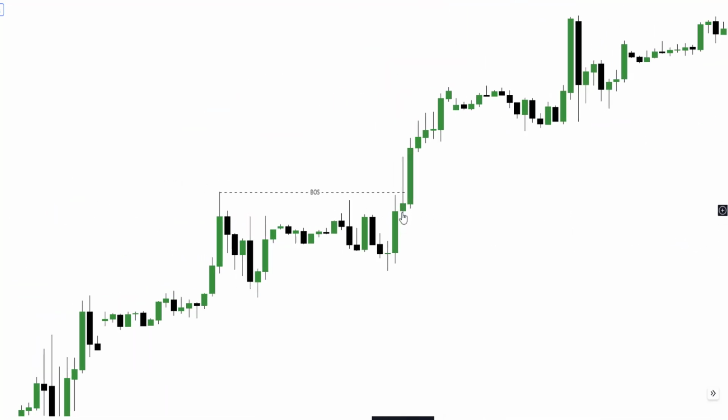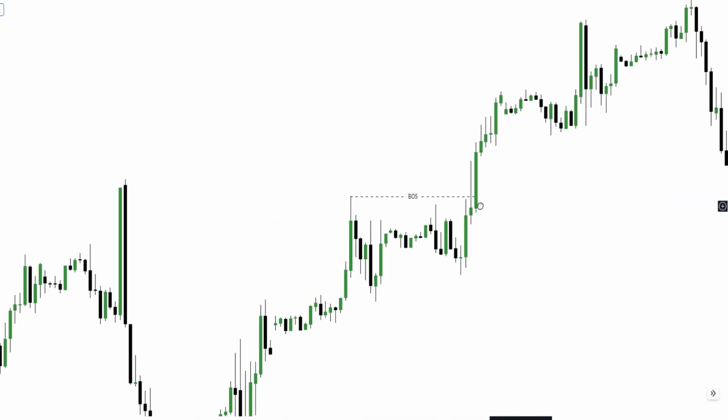Can you see this particular candlestick that has a wick? It closes inside. The body of the candle closes below the line, and this was not where the break of structure happened. The break of structure officially happened when price closed outside the line with the body of the candle, not the wick, with the body of the candle.